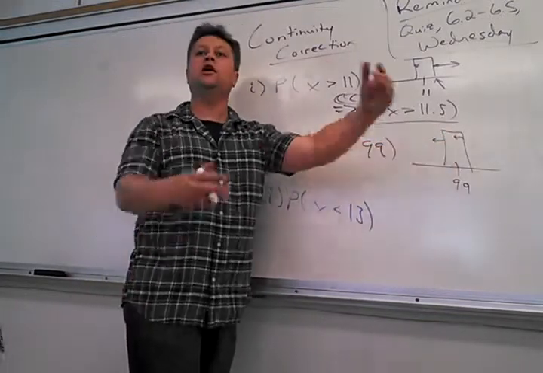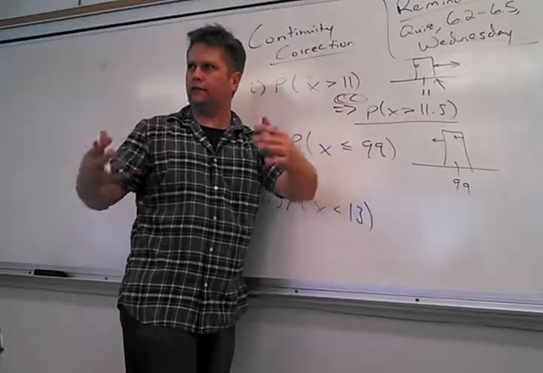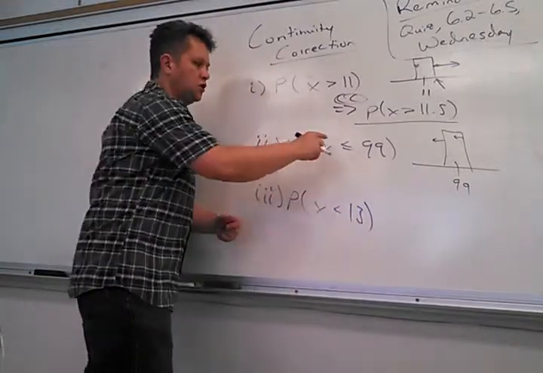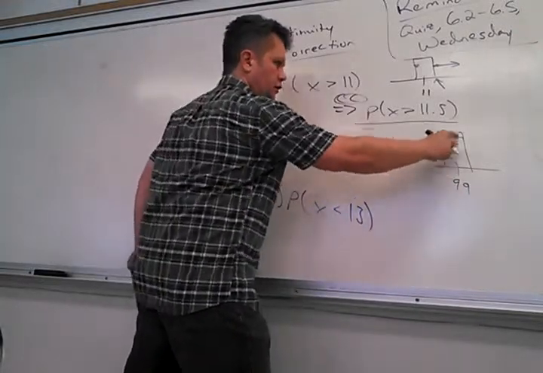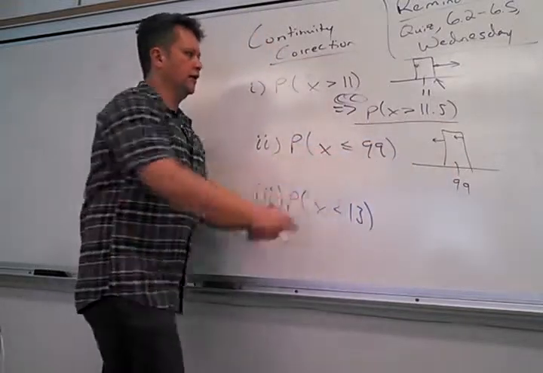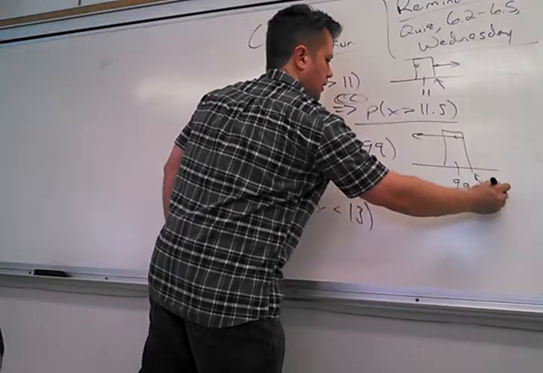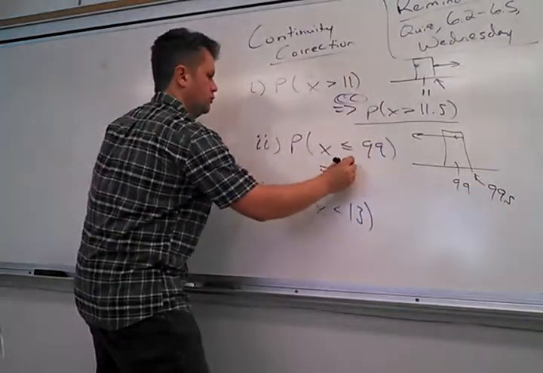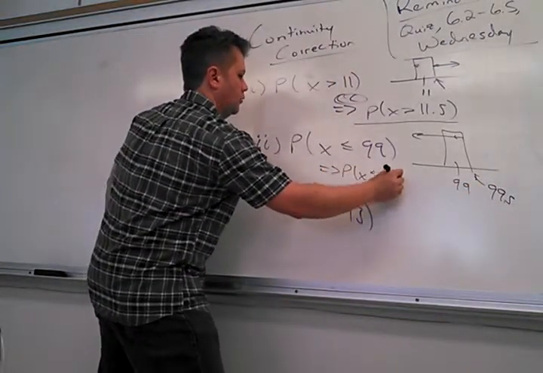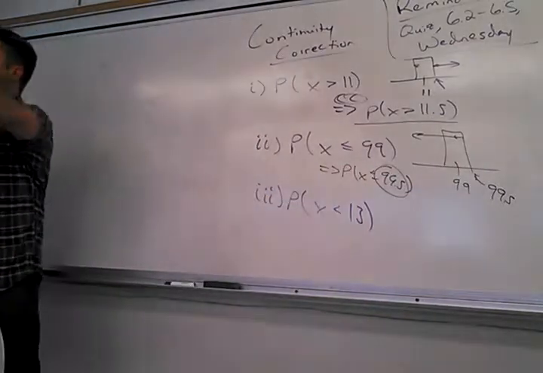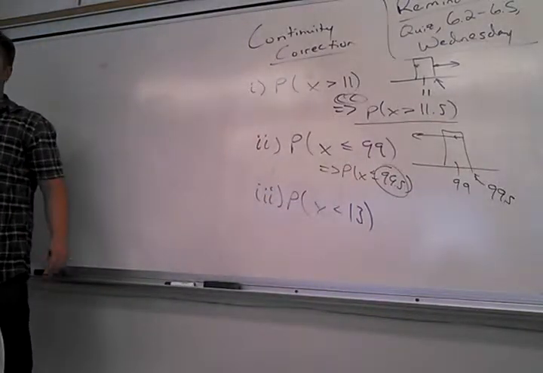The back wall, because I want to include the 99. You guys get the feel for this? I want to shade down, so I can only start here or there. I want to include the 99, so of course I start there, which is 99.5. So the continuity correction would make this 99.5. That's what I use to make a z-score and then look up that z-score, and so forth.